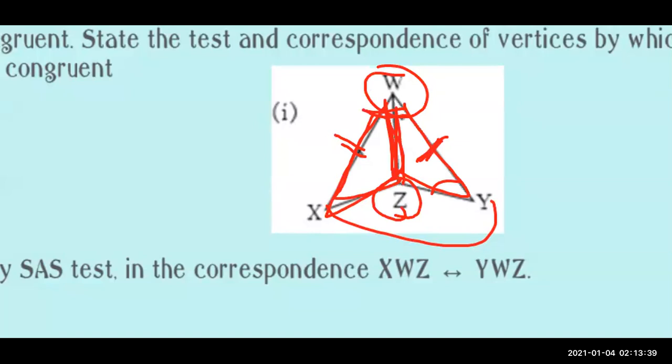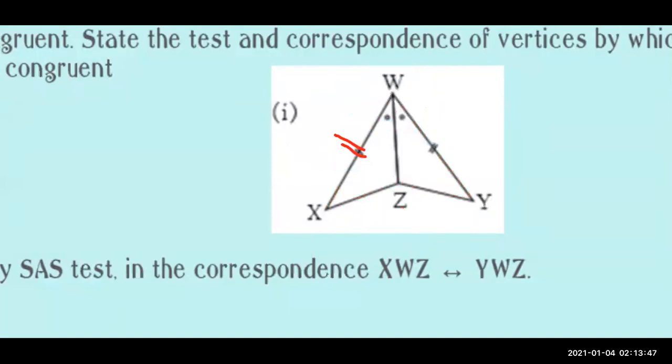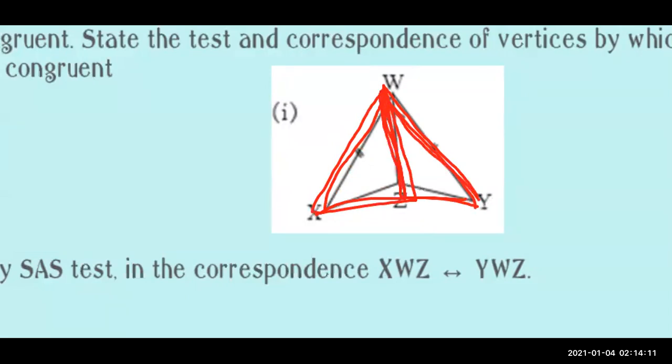It is the side angle side test, where X, W, Z corresponds to Y, W, Z. You have to see the vertices. Which vertex corresponds to which one? So X, W, Z corresponds to Y, W, Z. This is the side angle side test.